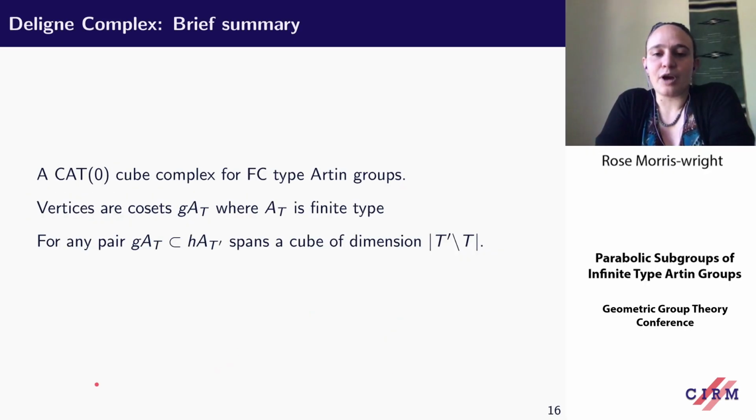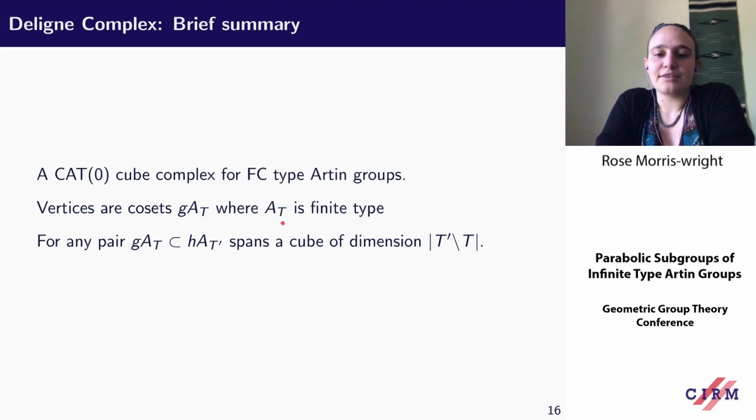So first, it's a CAT(0) cube complex. You can define this complex for any Artin group, but it's going to be CAT(0) with the usual cubical metric only when the Artin group is FC type. So that's the reason for this restriction on the types of Artin groups that we're looking at. The vertices in the cube complex are cosets of these particular subgroups. These are like a special kind of parabolic subgroup.